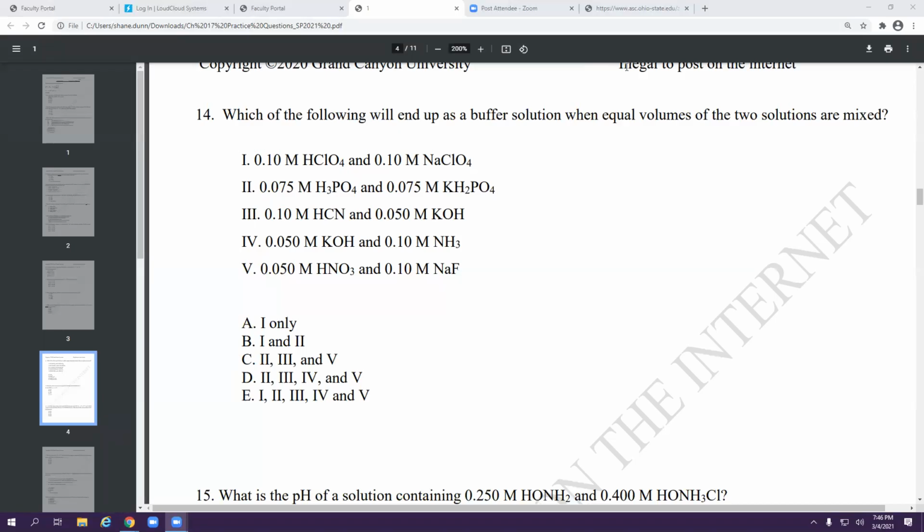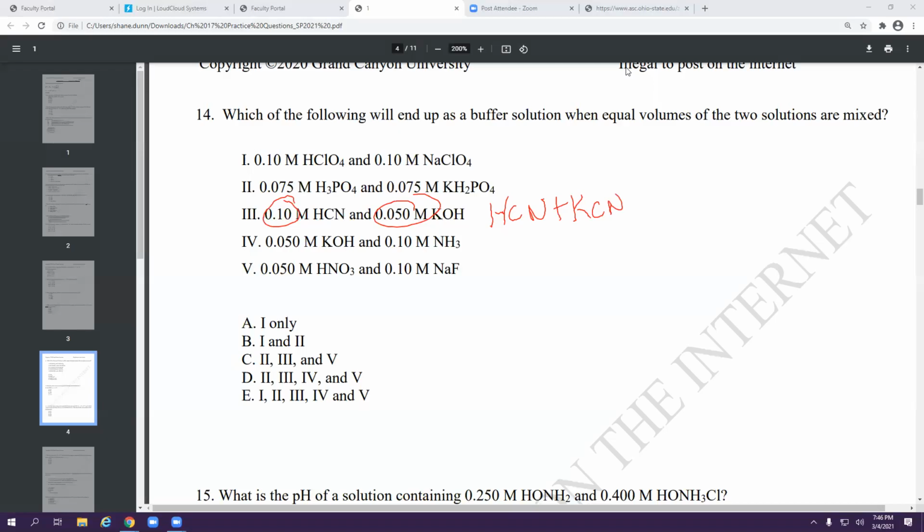For 3, HCN is a weak acid, right? Yes, but there's more of it than the base, so the base won't neutralize it completely. There's still going to be some HCN left over with its conjugate base, even though it's a strong base.